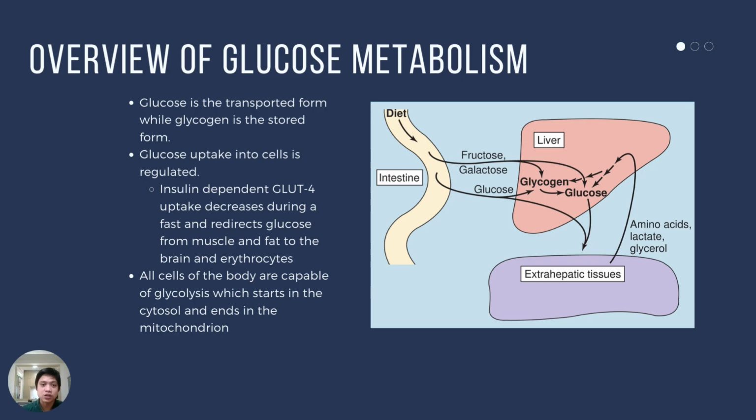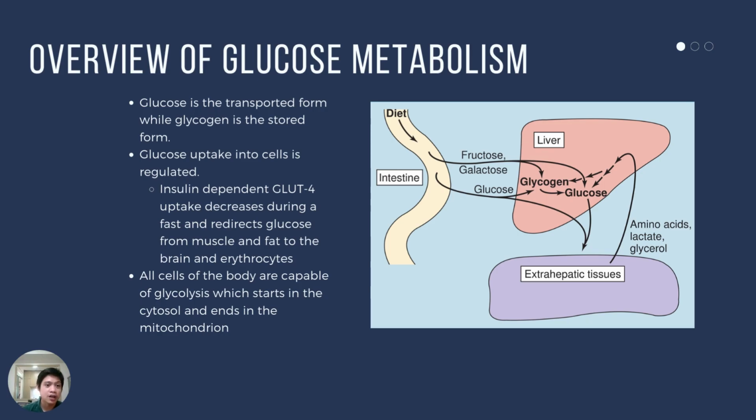So, in essence, when you don't have something to eat, the low levels of insulin prevent uptake by muscle and fat and thereby spare the glucose for more important cells such as the brain and cells that cannot utilize other forms of energy, such as the erythrocytes.